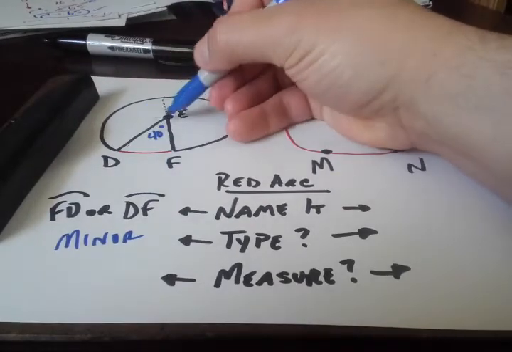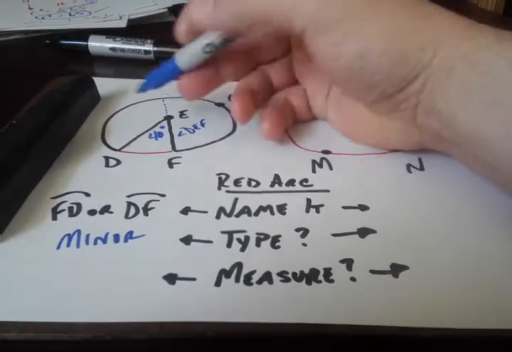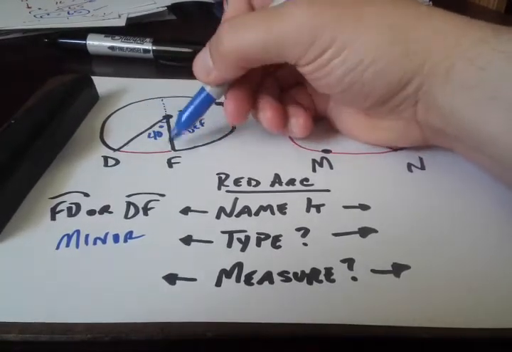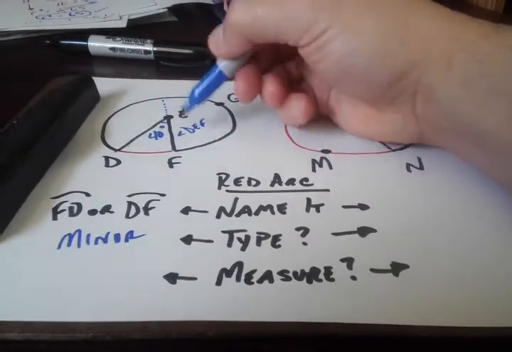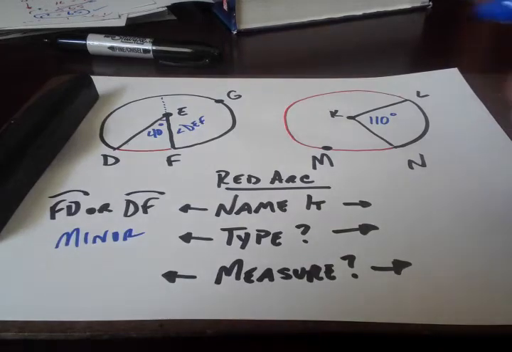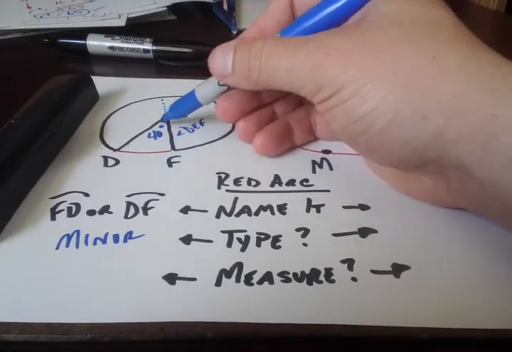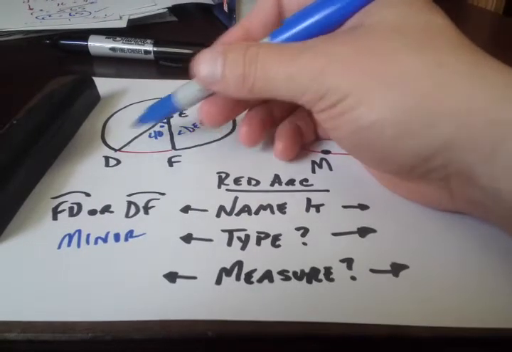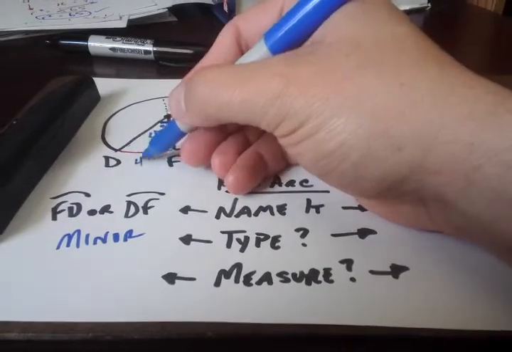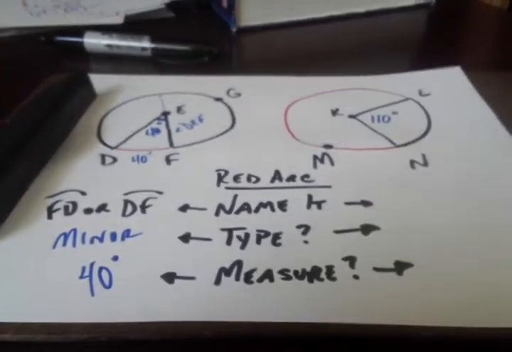Well, this angle, angle DEF, is known as a central angle, and we've talked about that plenty of times before. So this part's pretty easy. The measure of this arc is equal to the measure of the central angle that it belongs to. So if this is 40 in here, DF is 40. So the measure of this arc is 40 degrees.